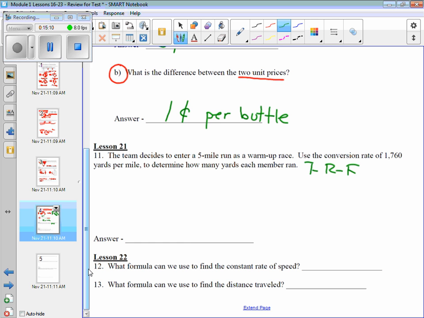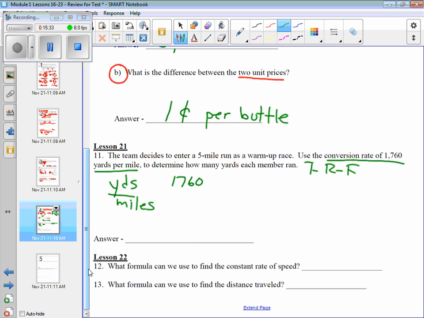Set up our template as yards over miles. They give us the conversion rate, and you will be given conversion rates tomorrow on the test, so you don't have to memorize any of this. 1,760 yards per mile.